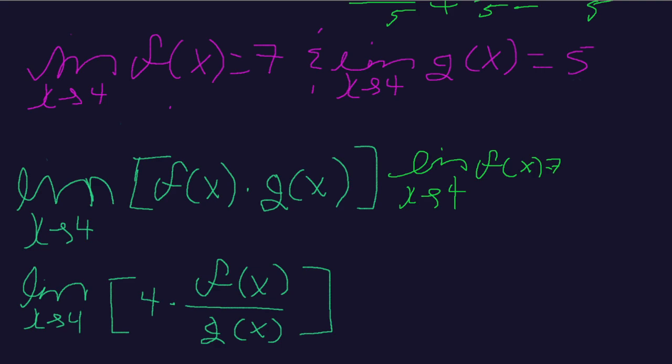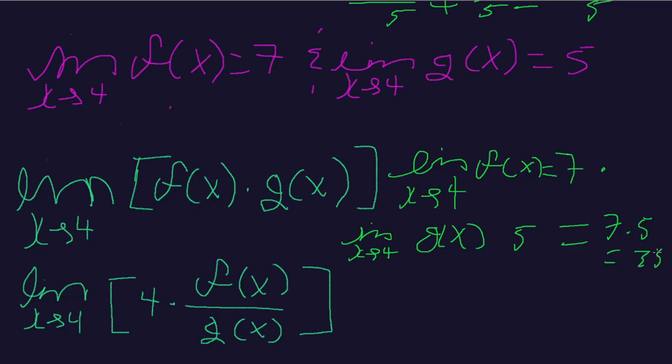That looks like an epsilon, not a delta. 7 times g of x, the limit as x approaches 4 of g of x will equal 5, which is the same thing as 7 times 5, which is equal to 35.